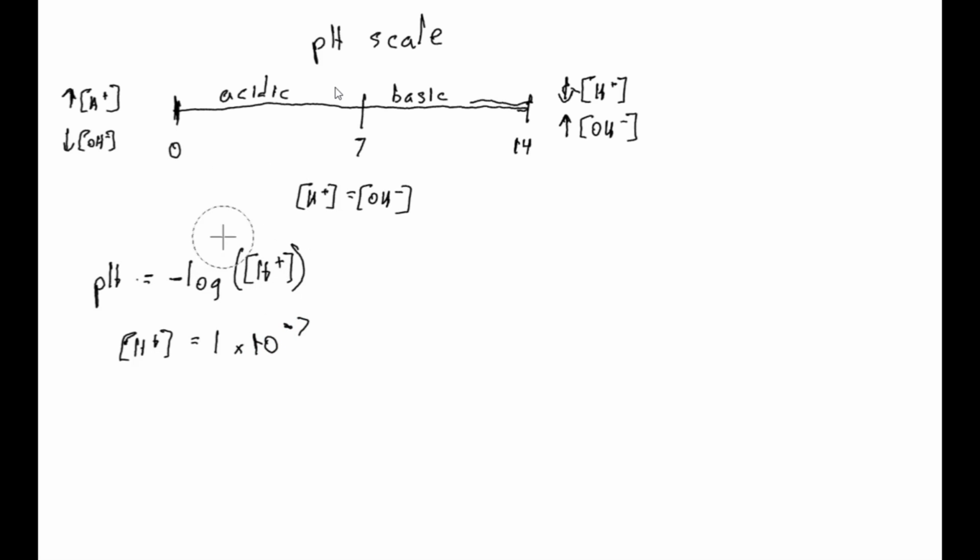So if we plug into our formula and plug into our calculator, pH equals negative log of 1 times 10 to the negative 7. What we'll find, plug that into your calculator and double check it, is that the pH comes out to be 7.